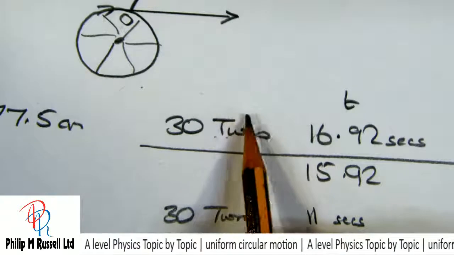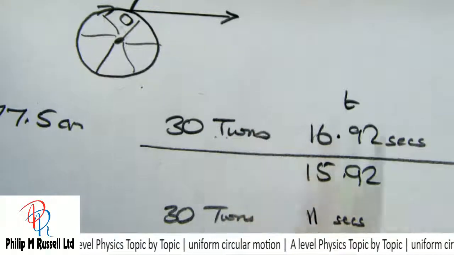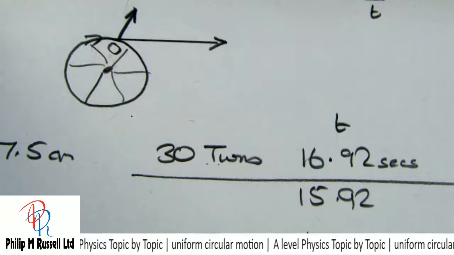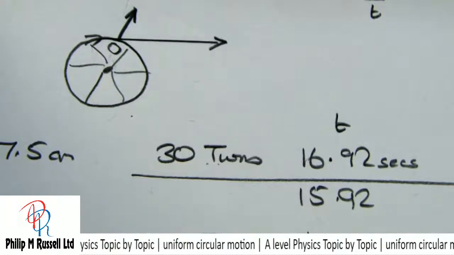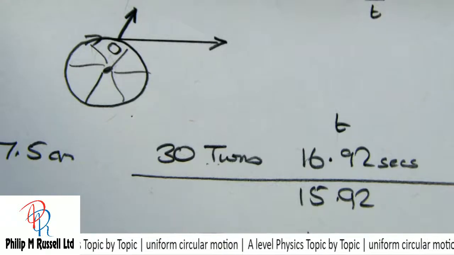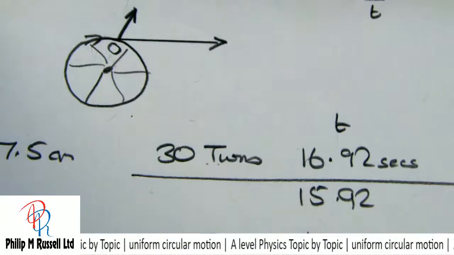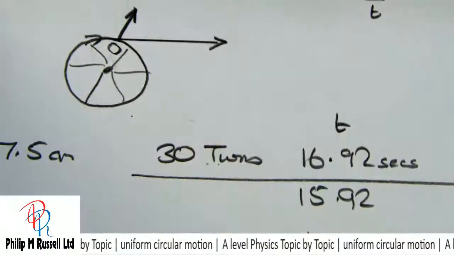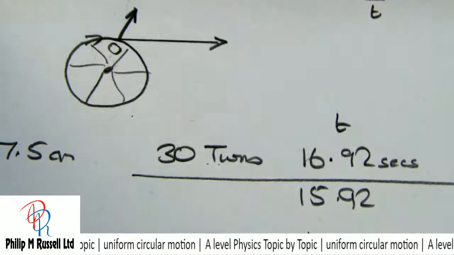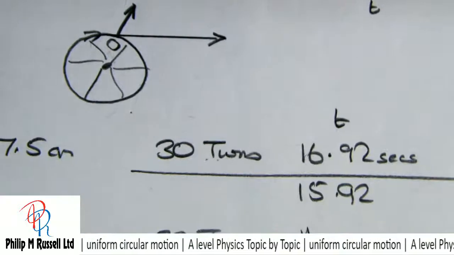So let's see if we can work out this W for us. Right, so this W, we'll call it omega. Now I've got my velocity equals this number times r.